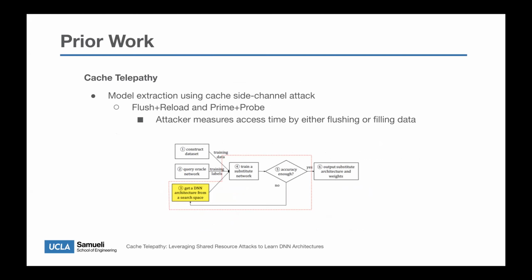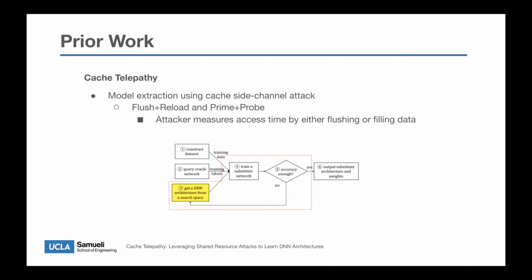The way they do it is that they simply fill the cache with their data, and then read the address to see if it's a cache miss or hit, as seen in the lecture on Monday. This is the model that Cache Telepathy uses. They basically construct a dataset and train a neural network model, and then simply repeat the process until they think they have a good enough result.